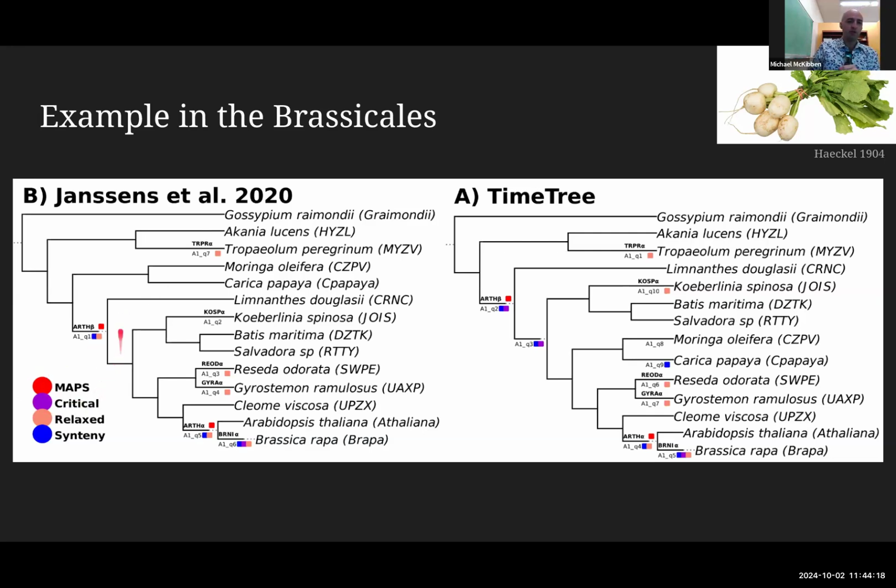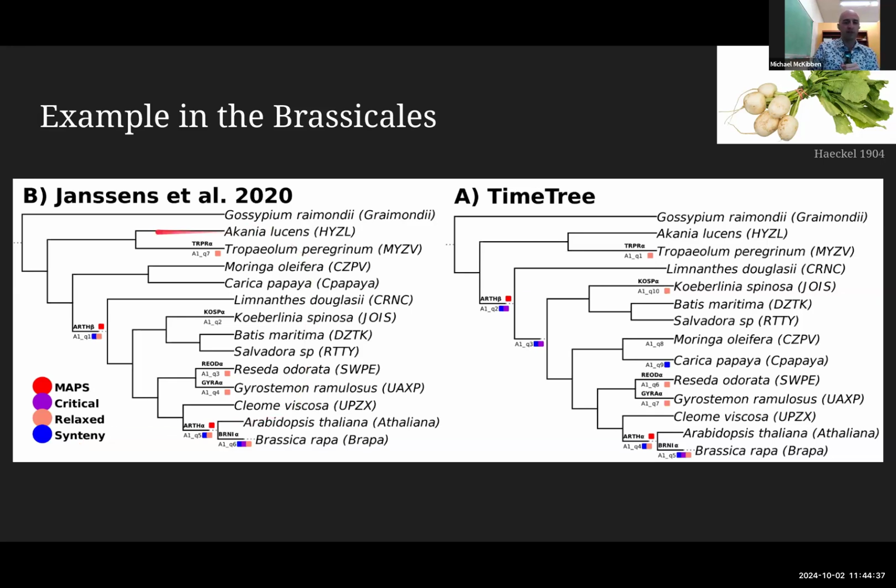We then have in red whenever that was supported further by MAPS. Underneath, you'll see non-bolded codes representing KS rates inferences from these analyses, and then dots color-coded for whether or not KS rates was also supported by the critical model, the relaxed model, and synteny.